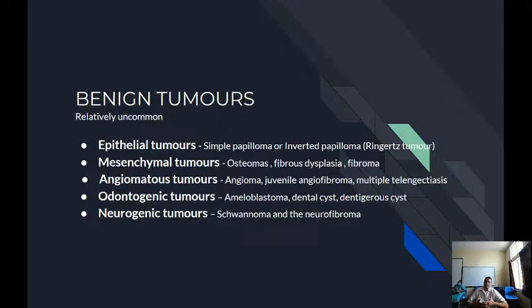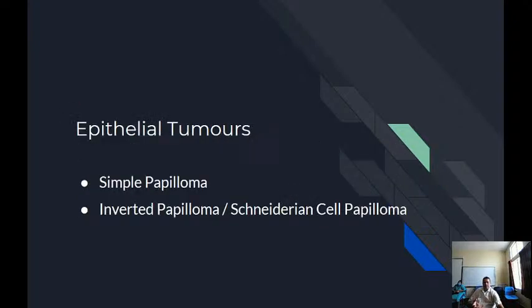Then you have the tumors which are arising from the nervous tissue and neurogenic tumors. And where is the nerve supply? Usually these are related to the olfactory epithelium, the olfactory nerves, which are situated almost at the roof level and above the superior turbinate.